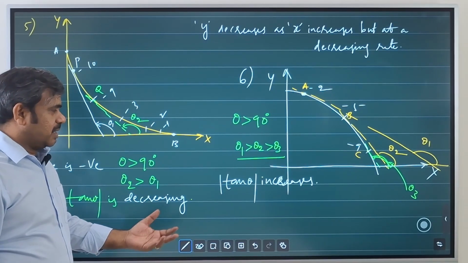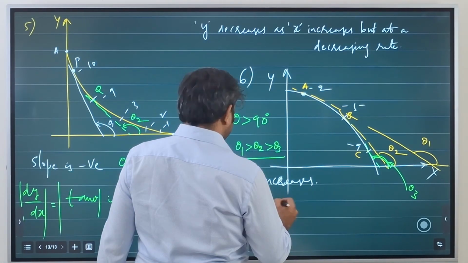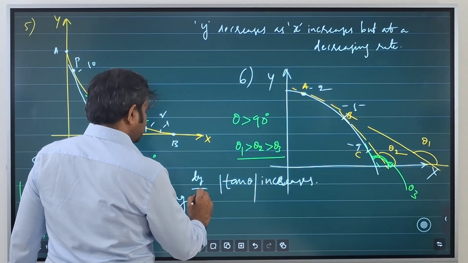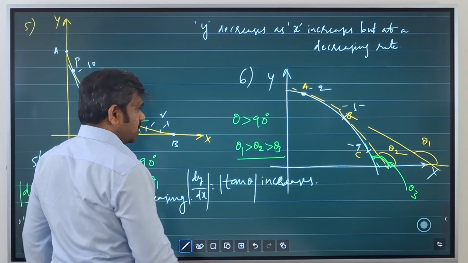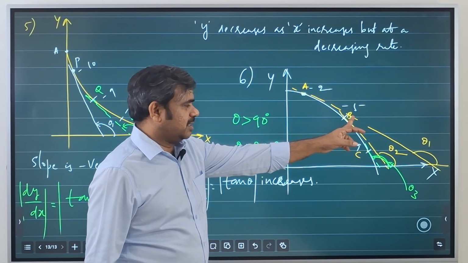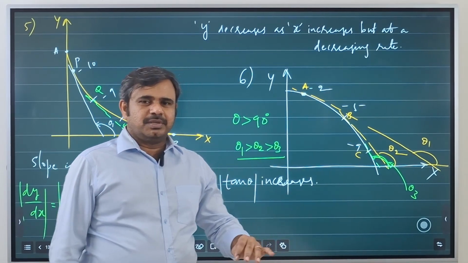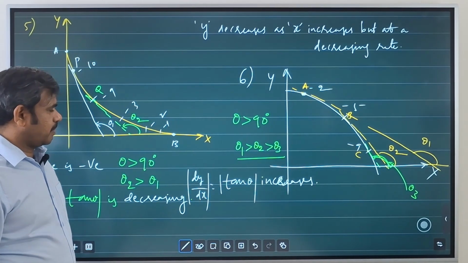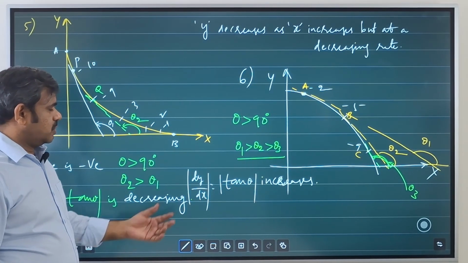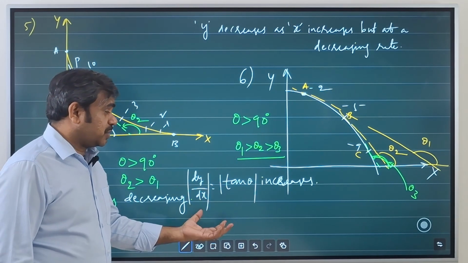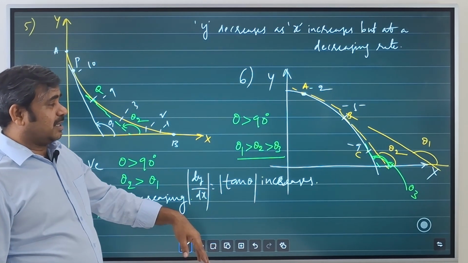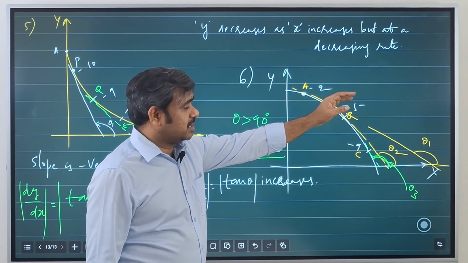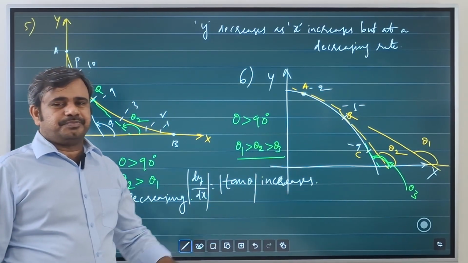So we can conclude that the magnitude of tan theta increases, meaning the magnitude of dy by dx increases. Modulus of dy by dx is 2 here. Here it is 5. Here it is 9. Some random numbers I am taking, but look at the numbers. So the magnitude of dy by dx increases. It means y decreases at an increasing rate.